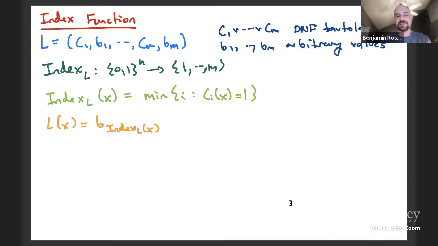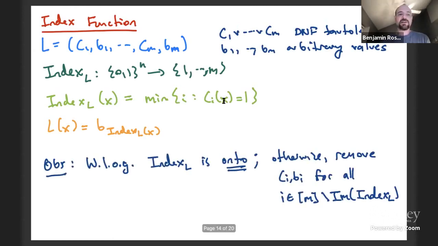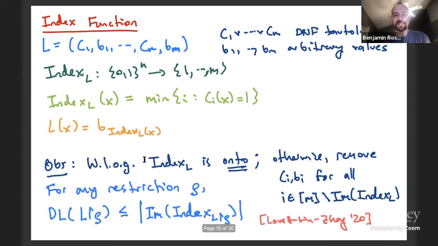The index function is just the first index for which the clause C_i is satisfied. Without loss of generality, the index function of L is surjective, because if it wasn't, you could just delete any clause where i is not in the image of the index function, and you'd be computing the same function.